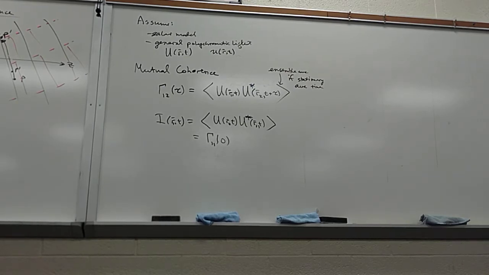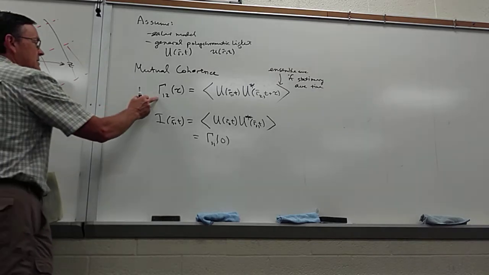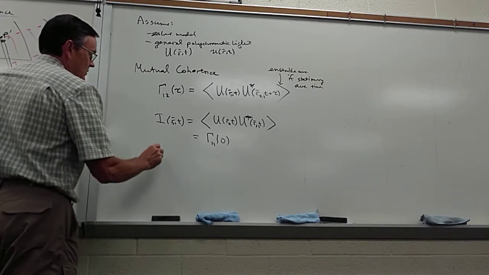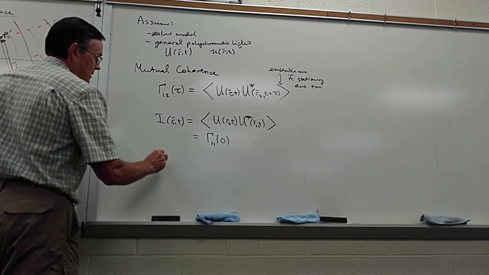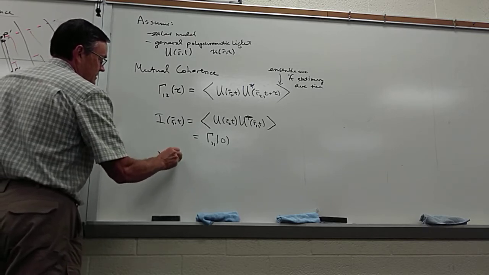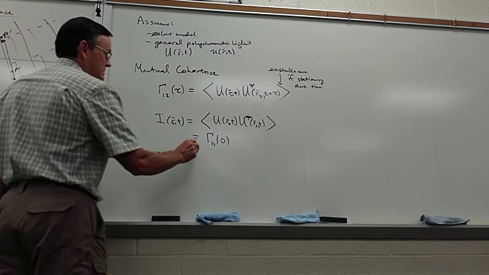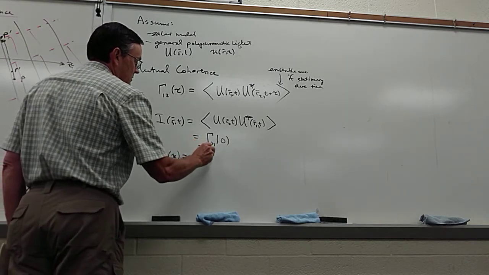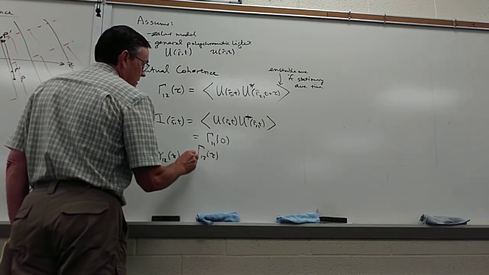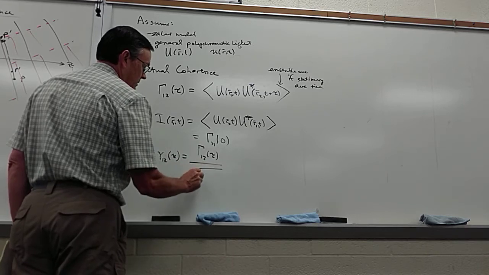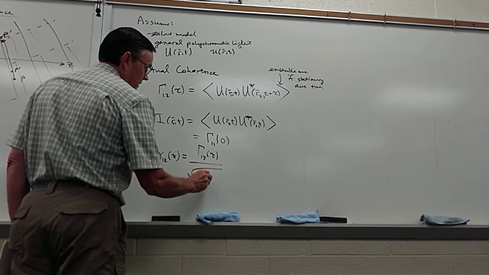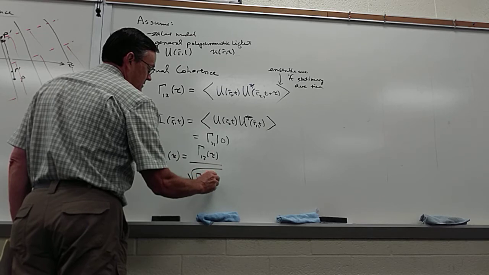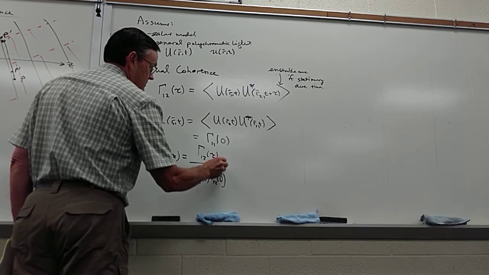Okay, now what we want to do is define a normalized version of this. So let's define little gamma 1, 2 of tau as capital gamma 1, 2 of tau divided by the square root of gamma 1, 1 of 0 and gamma 2, 2 of 0.